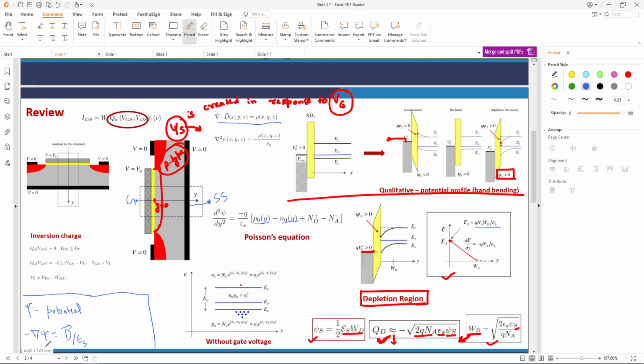So the relation is essentially, see, I wrote this, right? Gradient of psi is D, the displacement field, which is analogous to the electric field.